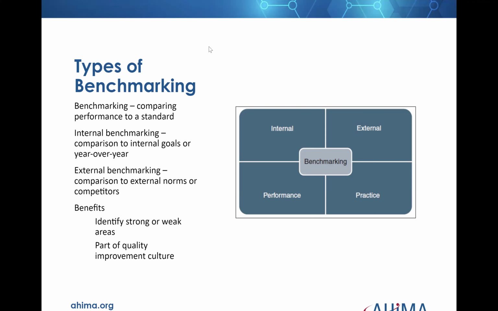So when we do internal benchmarking, we're looking within and we're comparing to internal goals or looking at the same goal year over year. With external benchmarking, we're looking outside the organization. We're comparing it to some sort of external norm or to competitors.